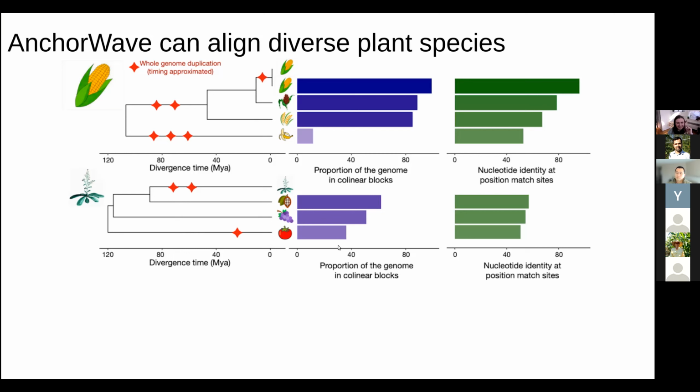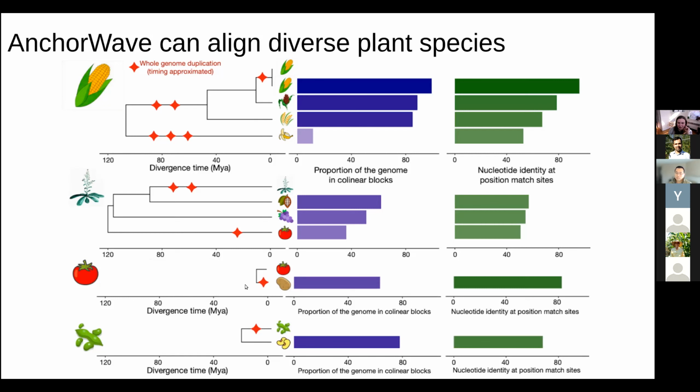We can also look at some different polyploid taxa, and see that it's not always just evolutionary distance, and that there's a lot of complicated things that go on in genomes. So for example, in this tomato versus potato comparison, about 70% of the genome can be found in collinear blocks with a 7 million year divergence.